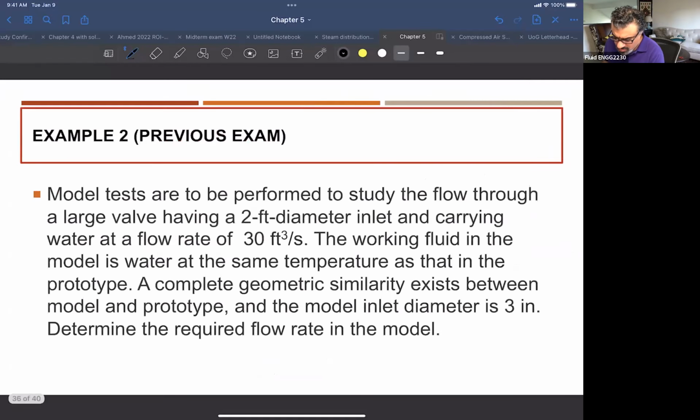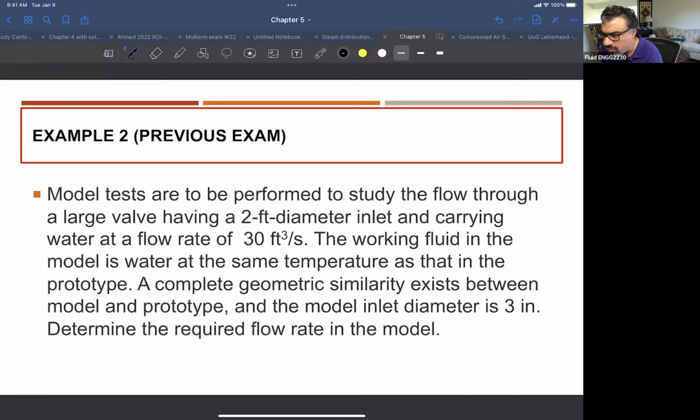Okay, so let's work on an exam problem like this, just to give you an idea what is involved in this type of problem. He's saying you have a model, tests are to be performed to study the flow through a large valve, right? So you have a big, huge valve that is 2 feet diameter, carrying water at a flow rate of 30 feet cubed per second.